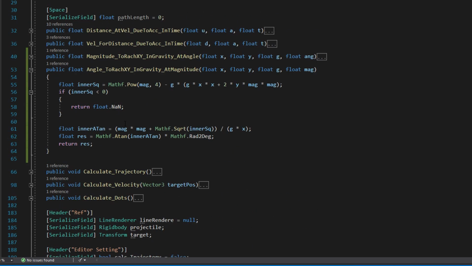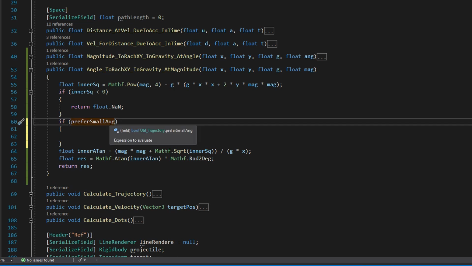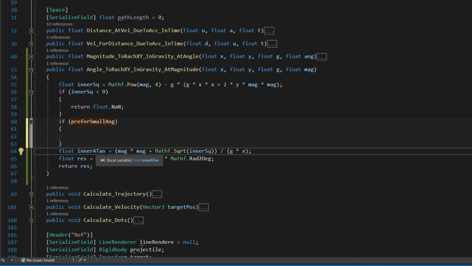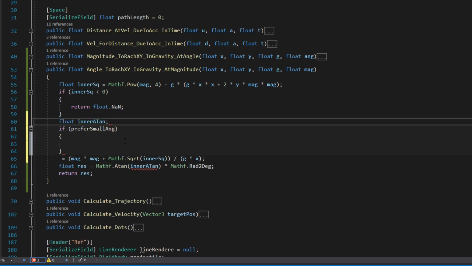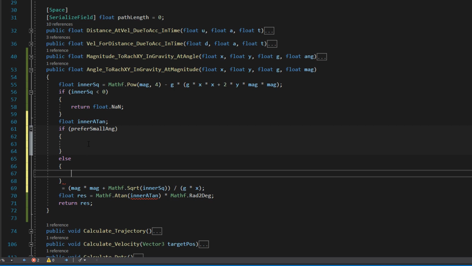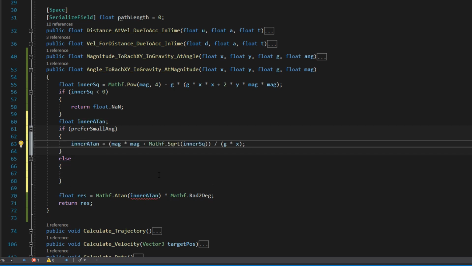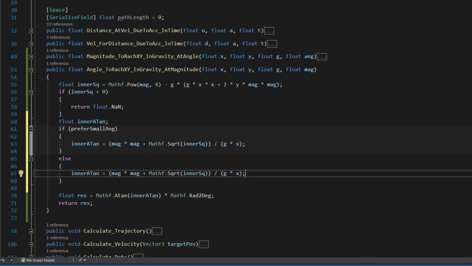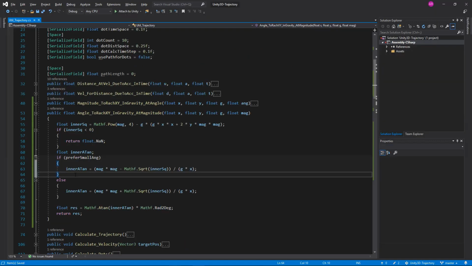So now if we want to prefer a smaller angle, we will calculate the result using the negative side of this equation, and if not, we're gonna use the positive side of this equation, and let's check how that goes.